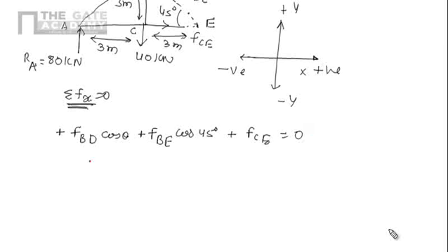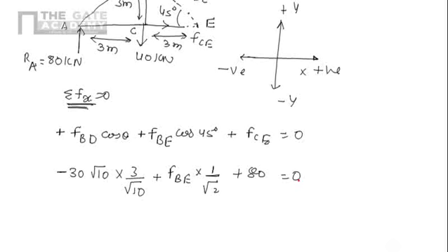We know the value of FBD, it is minus 30 root 10. Cos theta we know is 3 by root 10. Similarly, we have to find out FBE. Cos 45 we know is 1 by root 2. Similarly, FCE we know is 80 kilonewton.